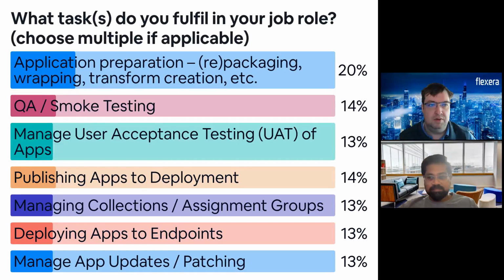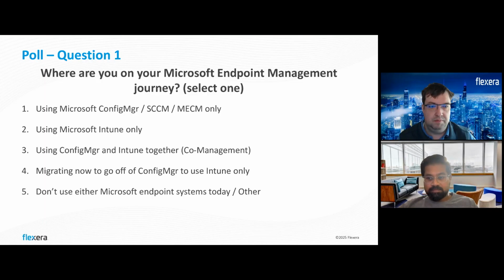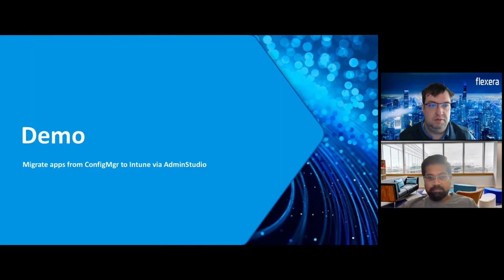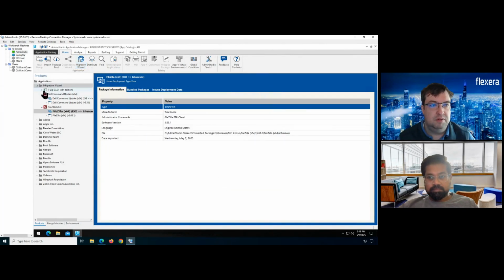And then what I want to do is jump back real quick to my screen. Let me go back to my migration and show you the end result. While we were going through the polls, you can see that the 3 applications I selected are done. They got pulled into Config Manager.